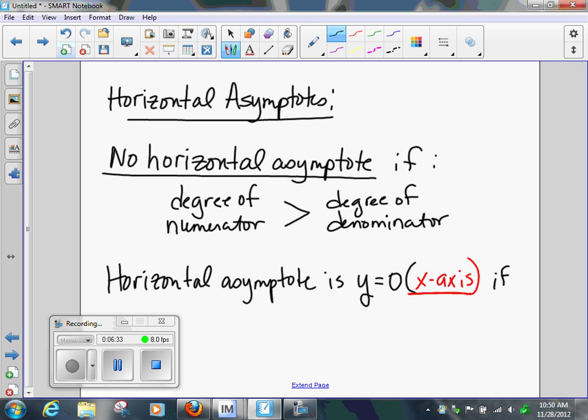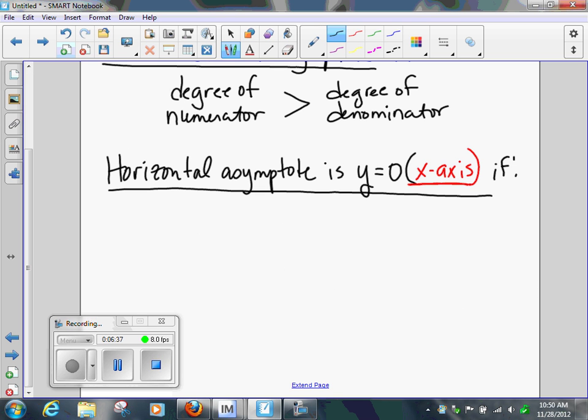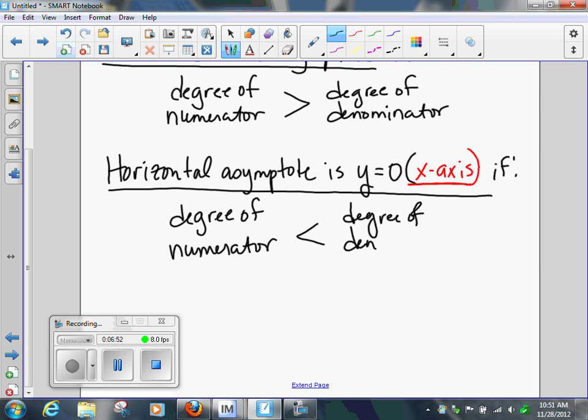If the degree of the numerator is less than the degree of the denominator.